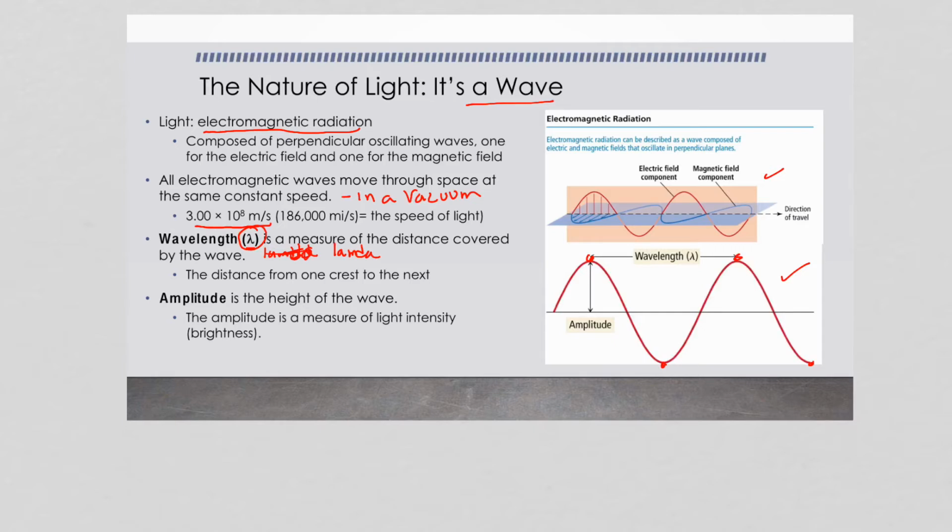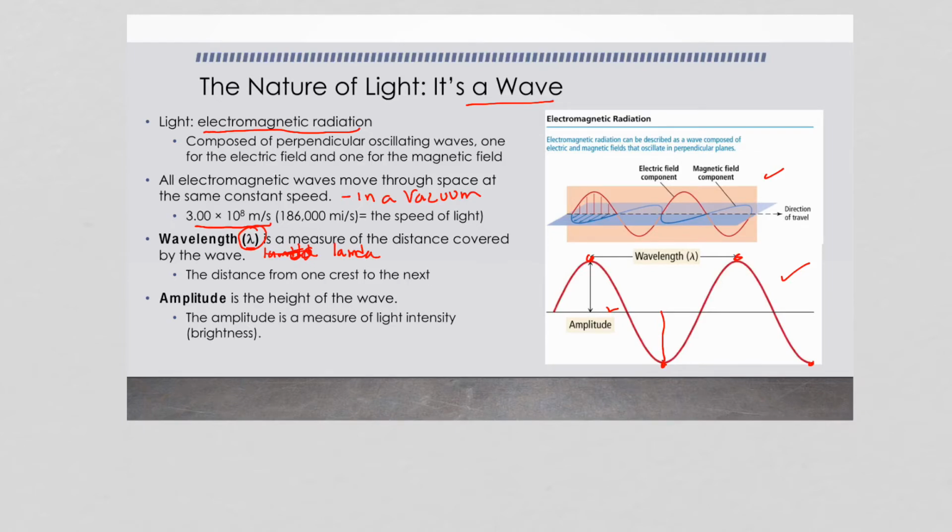Now, another property is something called the amplitude. The amplitude is simply the height of those waves above a center point. So if we see the center line running here, the amplitude is how high the crest is above that line, or how far below the trough is below that line.